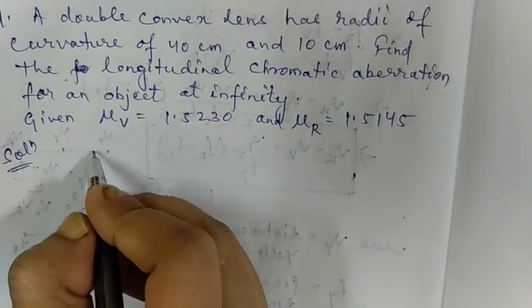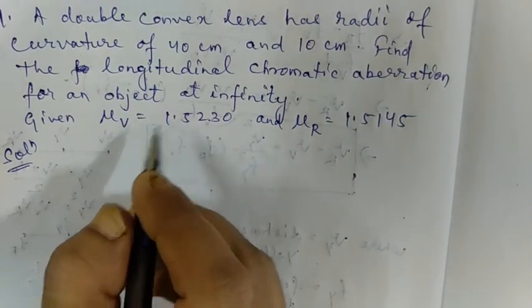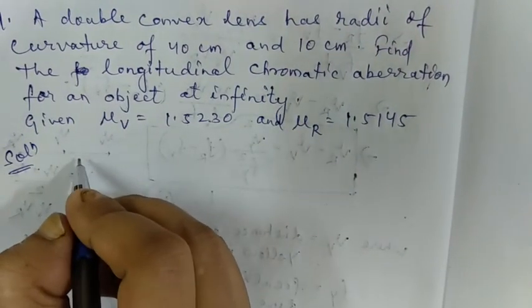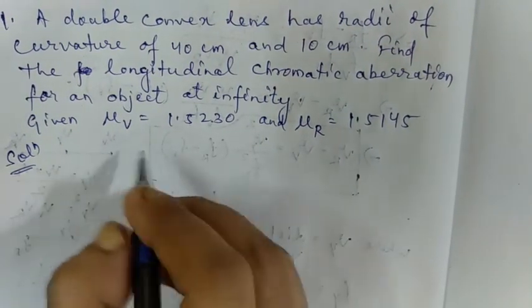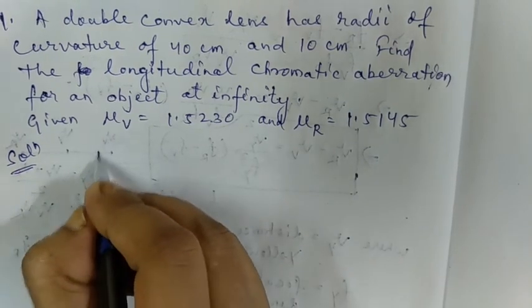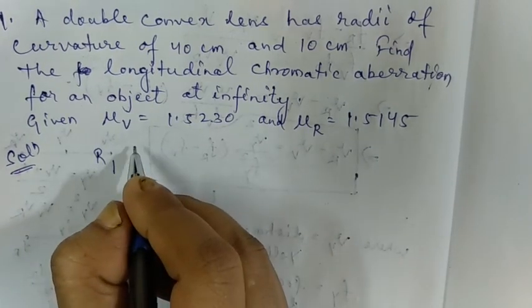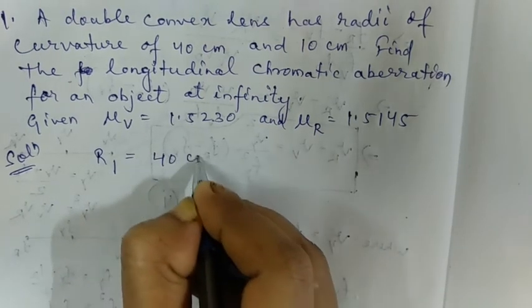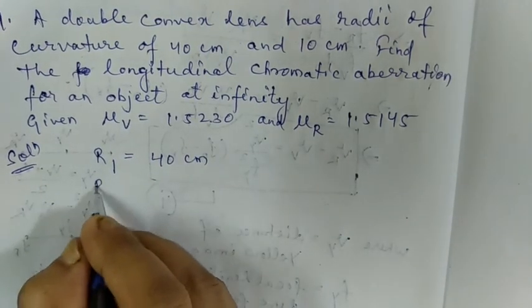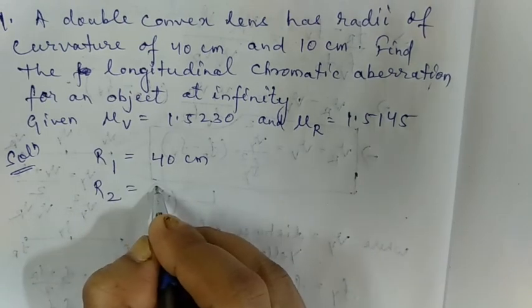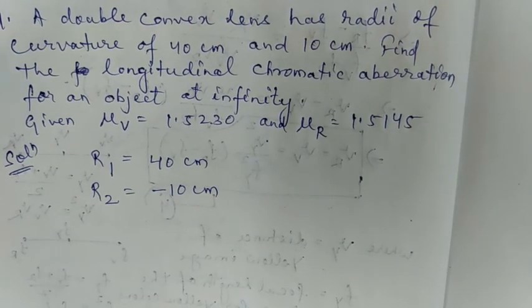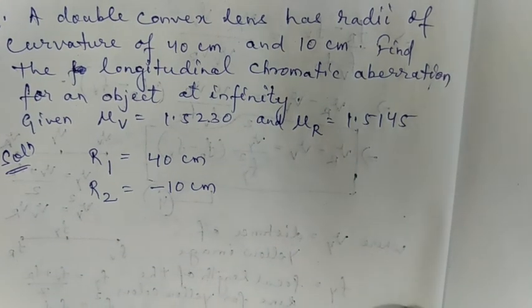Now, as what is given in the question, just write down those values first. R1, the radius of curvature, is 40 centimeter. R2 is minus 10 centimeter. Obviously for a double convex lens, R1 is positive and R2 is negative.